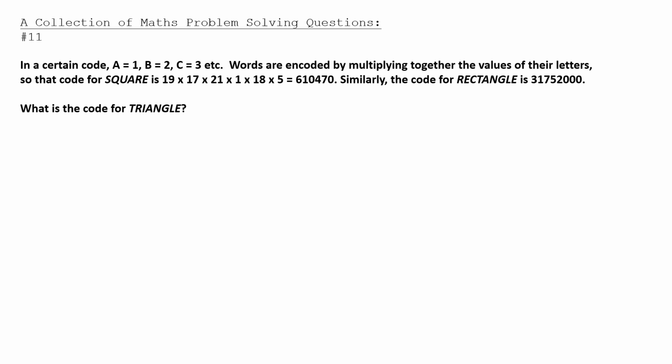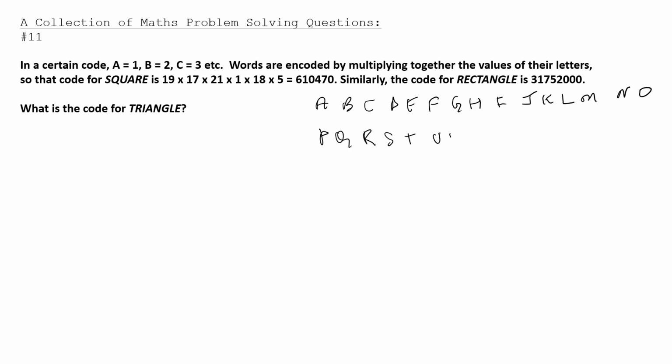Let's write it out this way. If we write out all the alphabets, A, B, C, and I number them, so 1, 2, 3, 8, 11, 12.